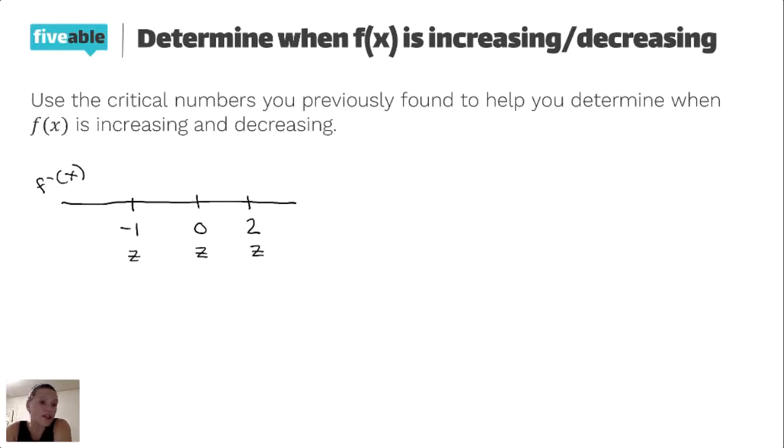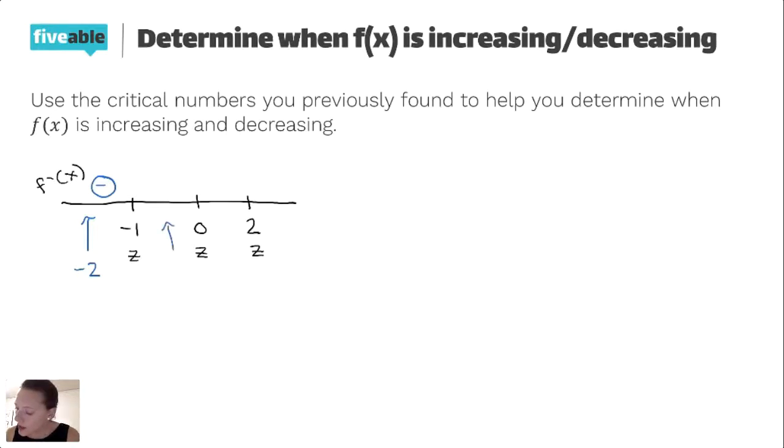Now, we've essentially already done this in our chart format, so I won't go into it in painstaking detail. But when we test a number, for example, in this interval from -infinity to -1, what did we use before? We used -2. We found out that my derivative was negative in this interval, okay?